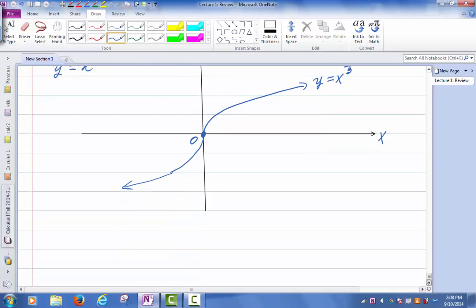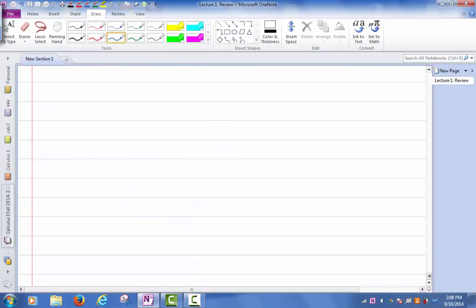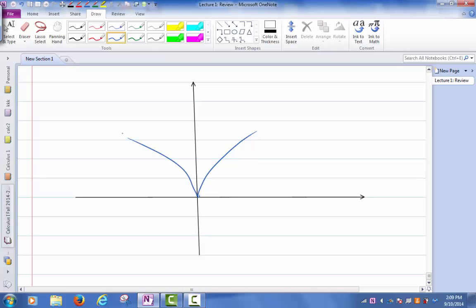There is one more graph that I want to show you, which I want you to remember, since I'm going to use that later. The graph of x to the 2/3. It turns out that the graph of x to the 2/3 looks like this.